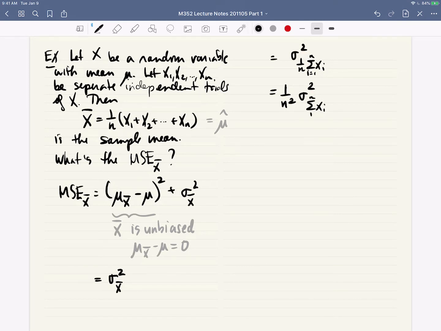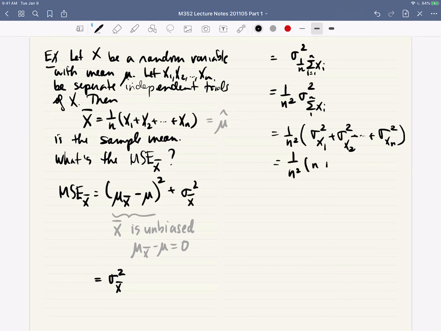And then we also saw that the variance of a sum is the sum of the variances. So I can write this as the variance of x1 plus the variance of x2 all the way to the variance of xn. All these random variables are just x, really.